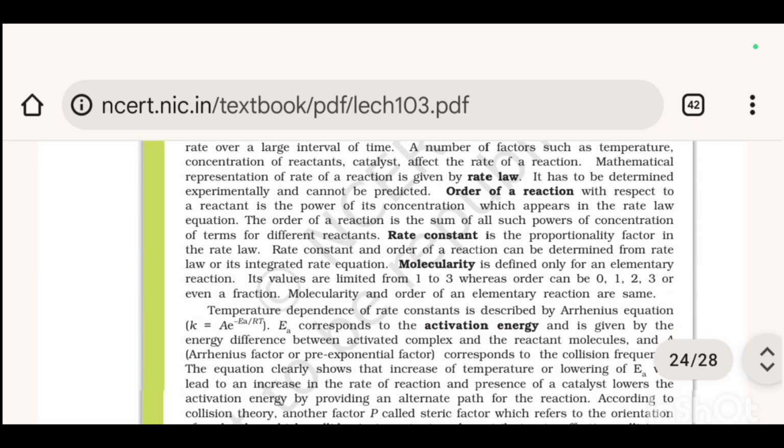Molecularity is defined only for an elementary reaction. Its values are limited from 1 to 3, whereas order can be 0, 1, 2, 3, or even a fraction. Molecularity and order of an elementary reaction are the same.